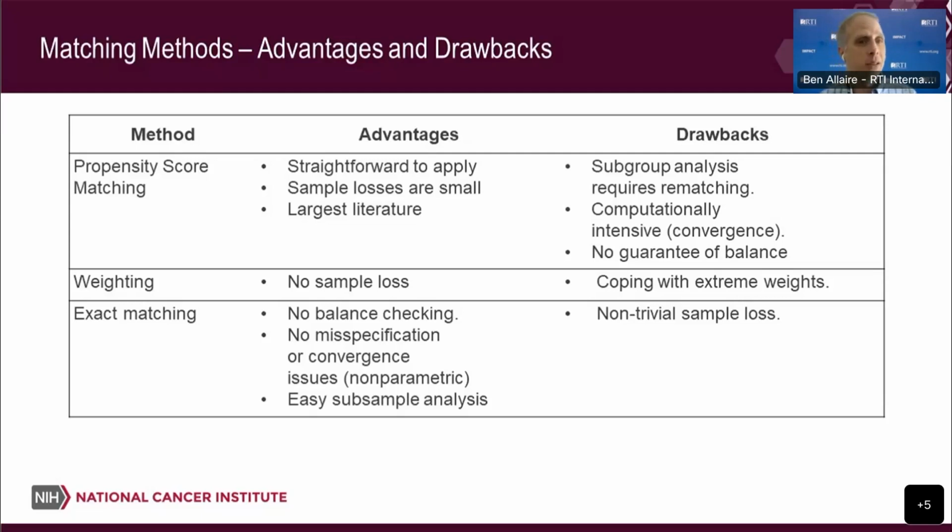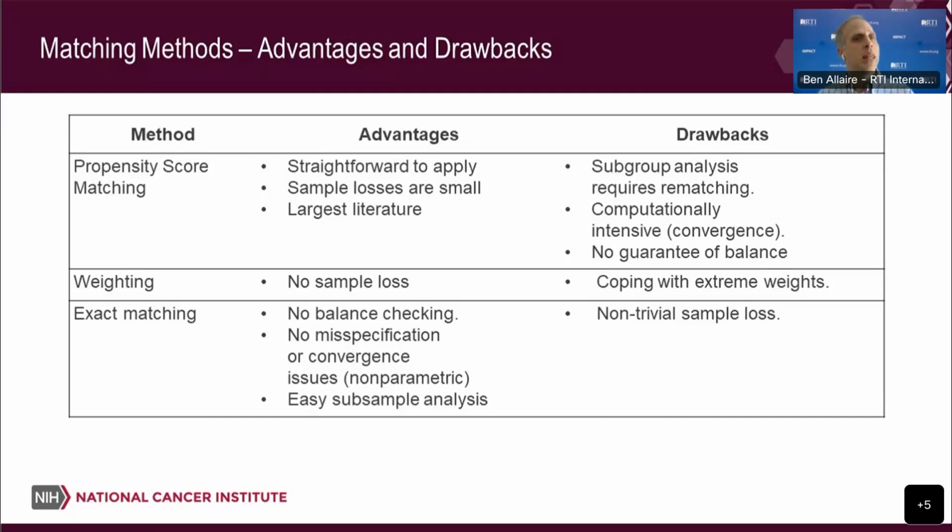Some of the drawbacks to propensity score matching is that because you summarize all of these characteristics of this population, if you want to do subgroup analysis, it's harder. Say you've got a whole bunch of different cancers that you want to look at, but then you also want to break it down and look at individual cancers like prostate cancer or colon cancer.